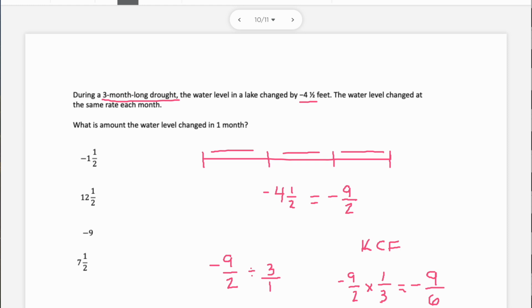9 divided by 6. 6 can go into 9 one time, and it's negative, remember, from over here. And if you subtract, you have 3 left. Whoa! I don't know what happened there. So our whole number is the answer, the top number.